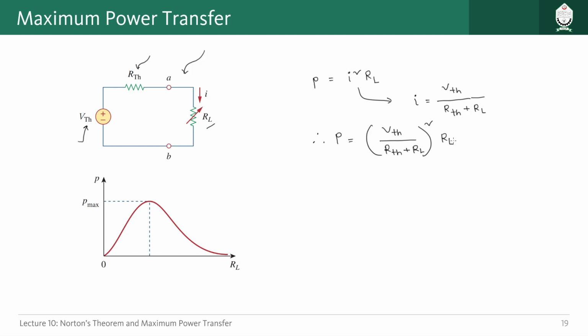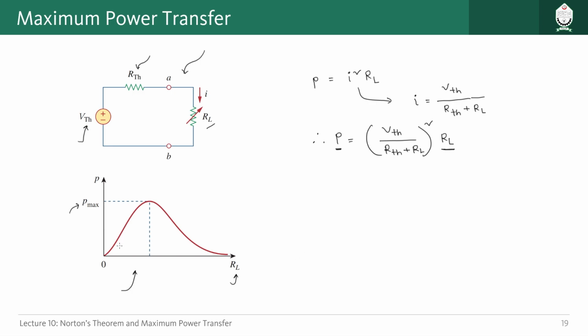Now this is the amount of power we will get at our load RL, and the only parameter we can change here is RL. The relationship between this power and the resistance RL can be represented with this graph. On the horizontal axis we have the variable resistor RL, and on the vertical axis we plot the value of power.